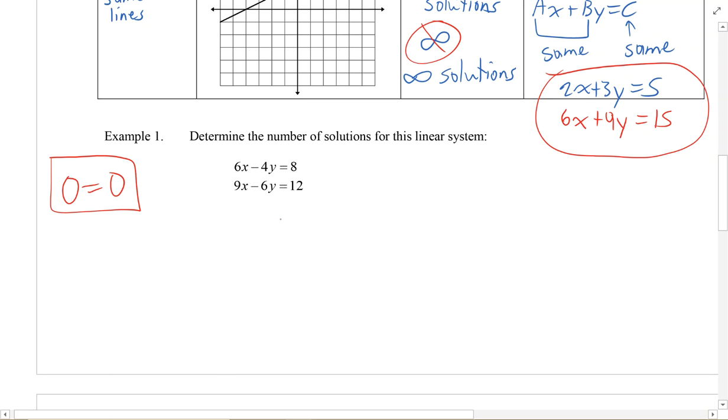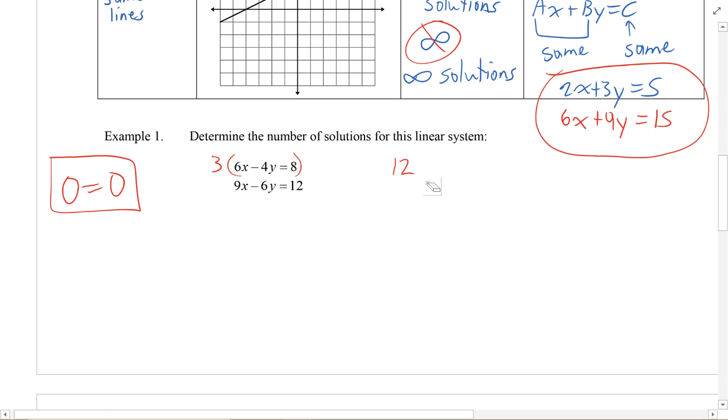Let's make, what do you want the same to be? X's or Y's? Hayden, you choose. Y. Okay, so what's our LCM for the Y values of 6 and 4? 24 or 12. So let's get ourselves into 12Y. What do we have to multiply this one by? 3. 2, right?